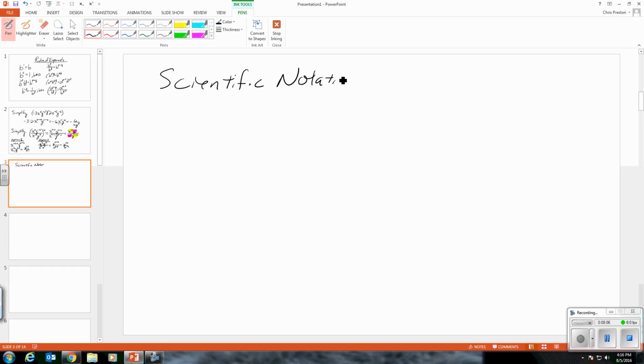Scientific notation is useful when you're dealing with really big numbers or really small numbers. And what it looks like is you have a single digit that's not 0. So it's got to be a 1 through 9, not a 0.